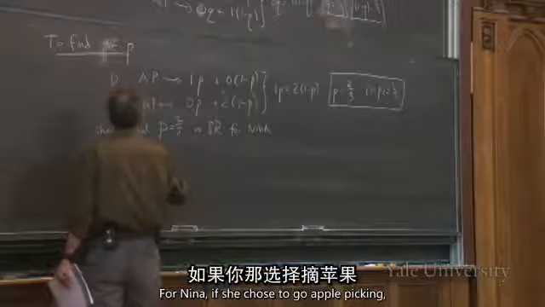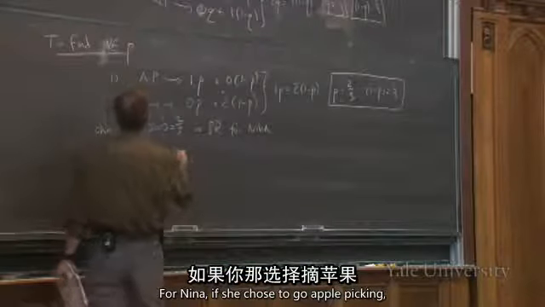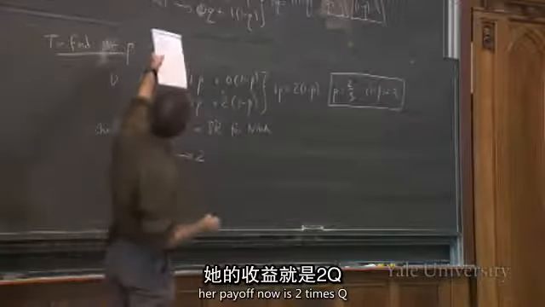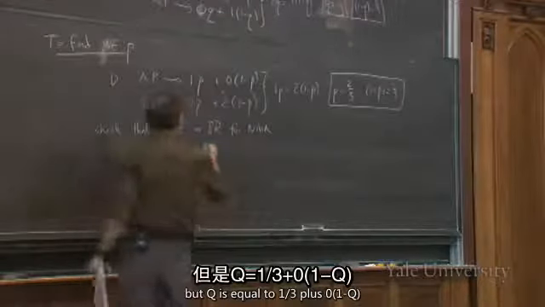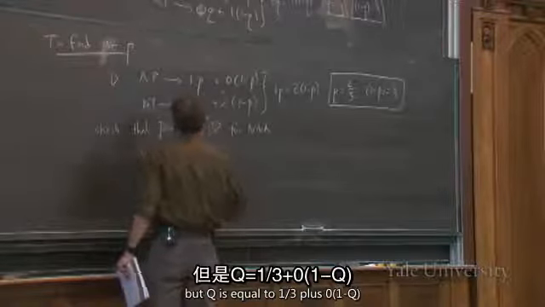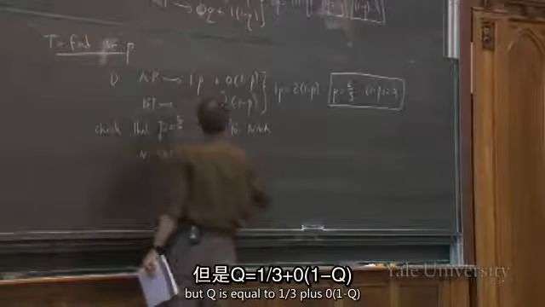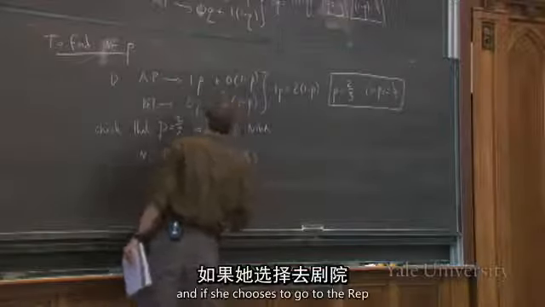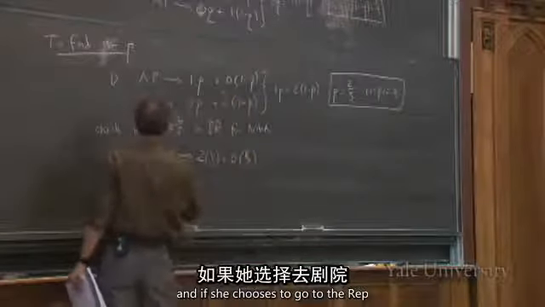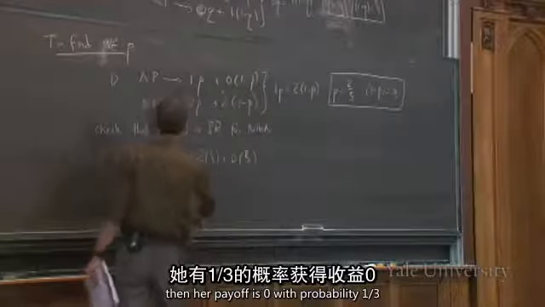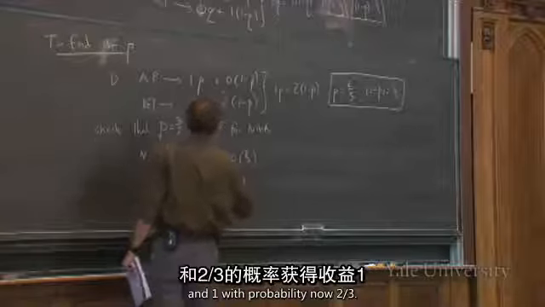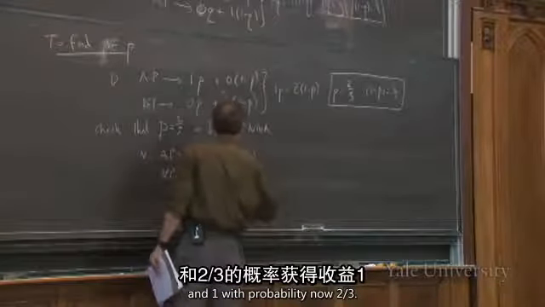If she chose to go apple picking, her payoff now is 2 times Q, but Q is equal to 1/3, plus 0 times 1 minus Q. And if she chooses to go to the rep, then her payoff is 0 with probability a third and 1 with probability now 2/3.